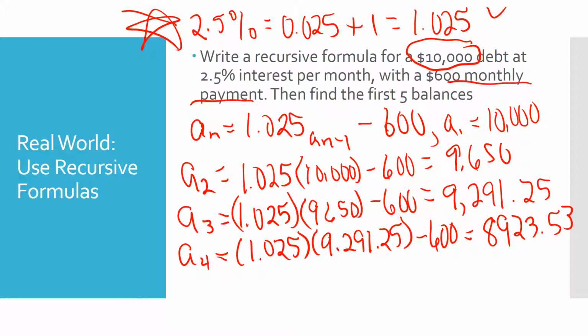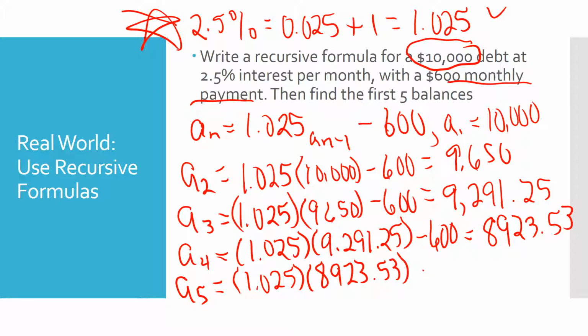All right. Well, we're at one last step, A5. At the end of the fifth month, once again, 1.025. This time I'm going to multiply it by 8,923.53. Going to make another $600 payment.